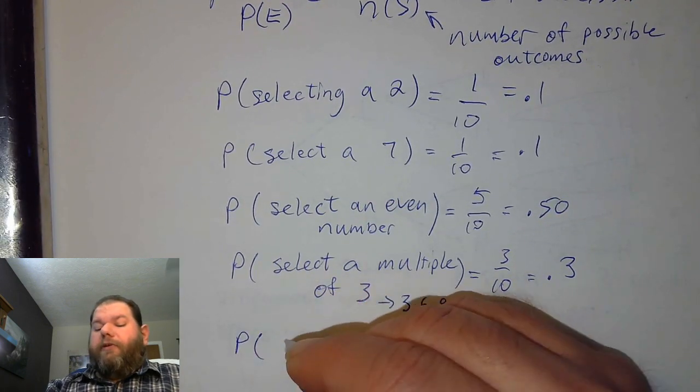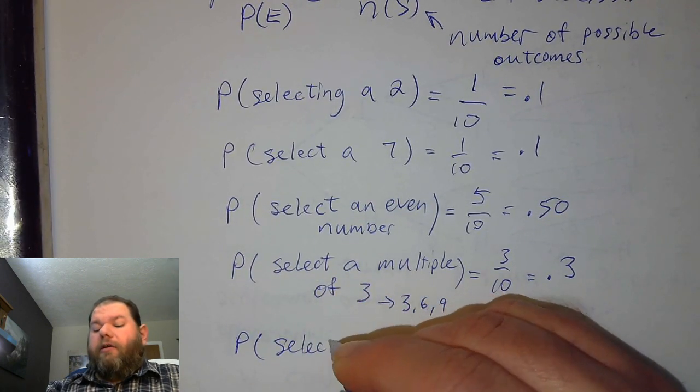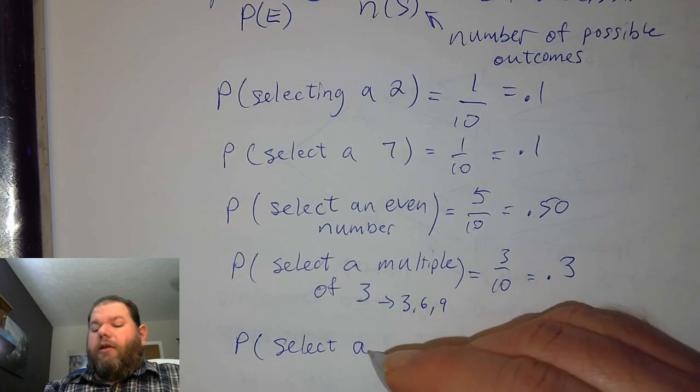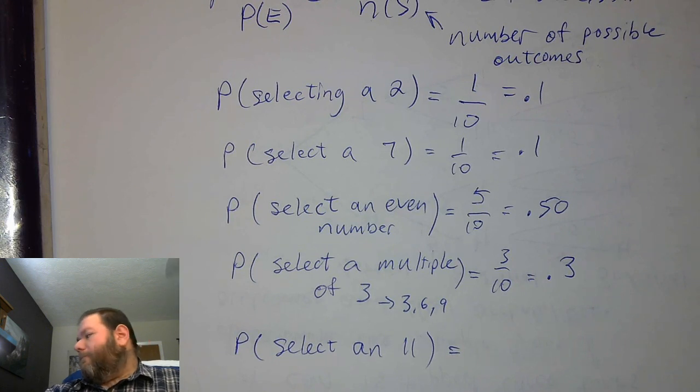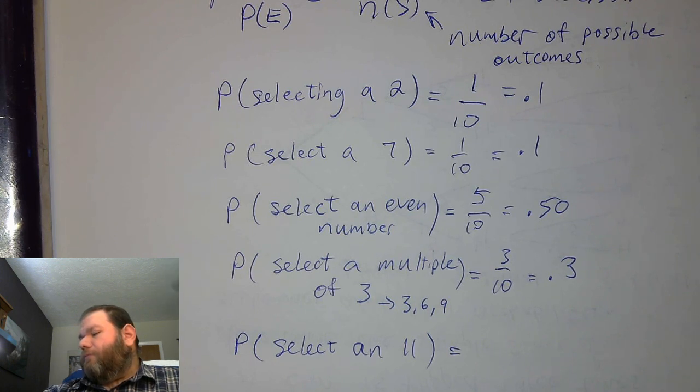What is the probability we select an 11? 0.